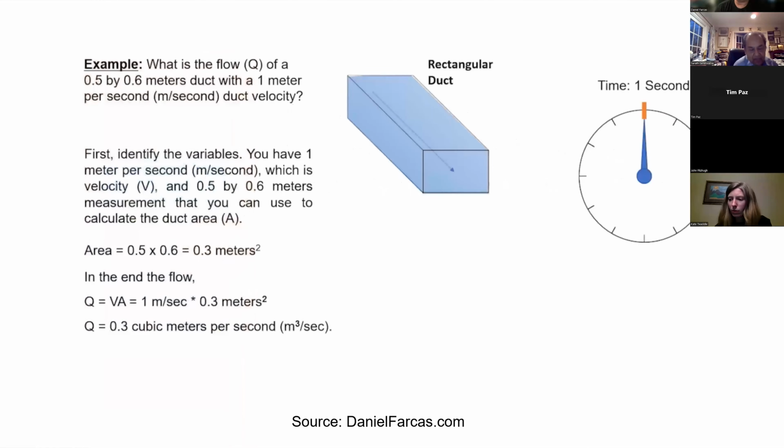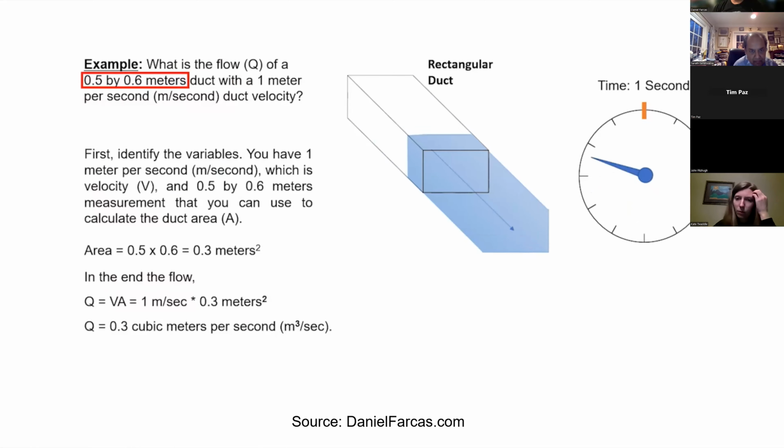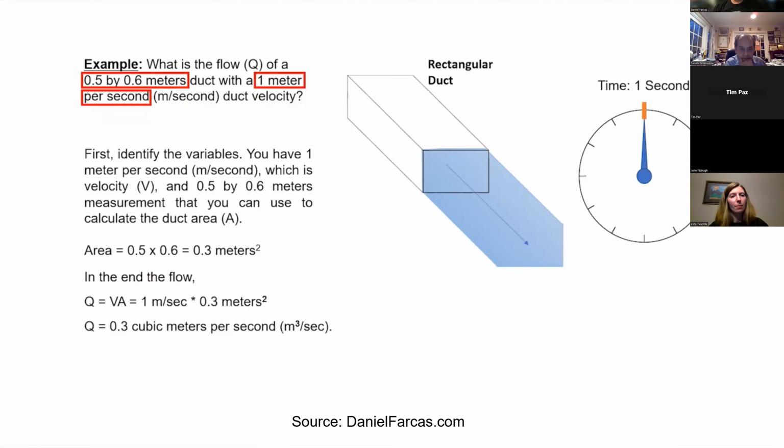For this next example, we have to calculate the flow of a 0.5 by 0.6 meters duct. This is a rectangular duct with a 1 meter per second duct velocity. First, let's identify the variables. We have 1 meter per second, which is velocity, and 0.5 by 0.6 measurements of the duct sides.